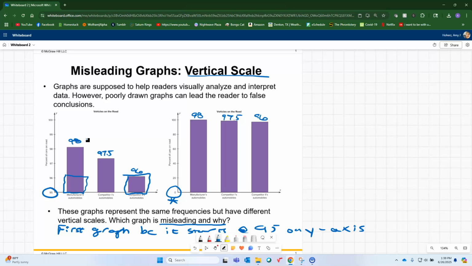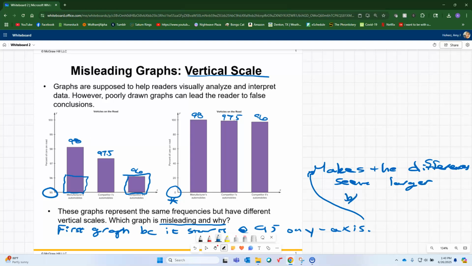When you start at a higher value, it makes the differences between the values seem bigger. So let's put that down. That makes the differences seem larger between the bars.